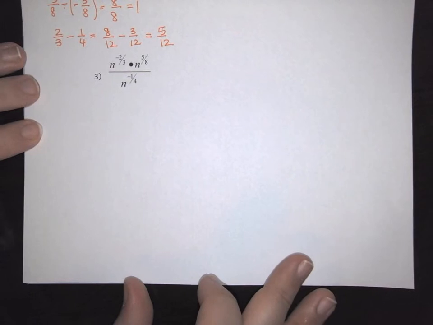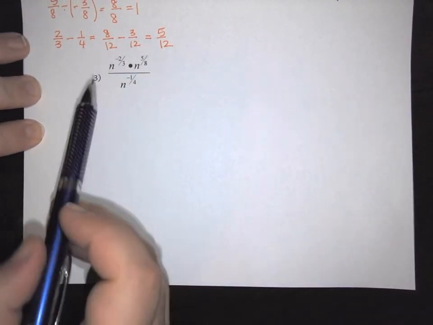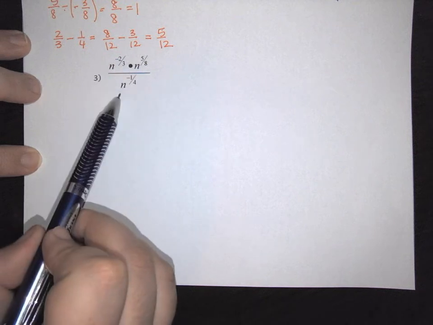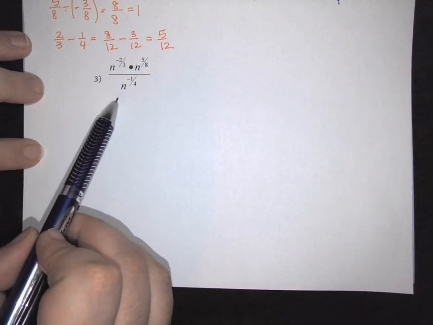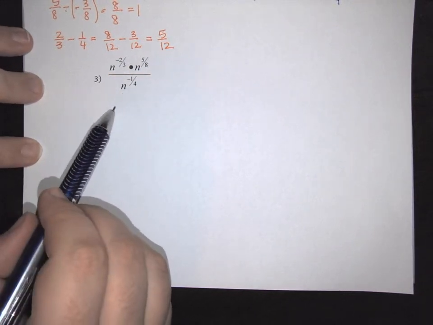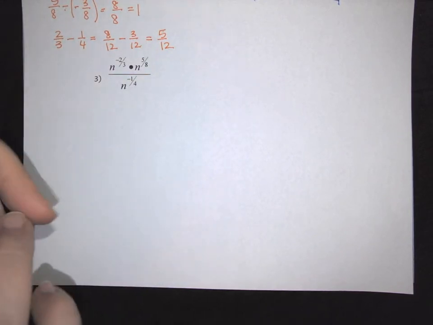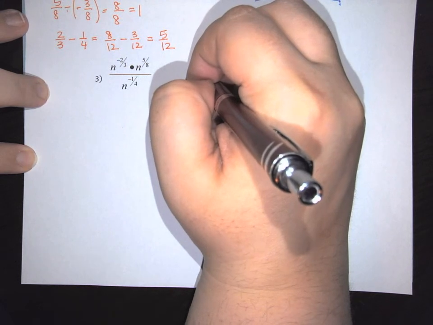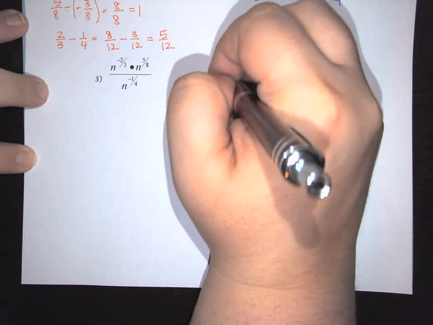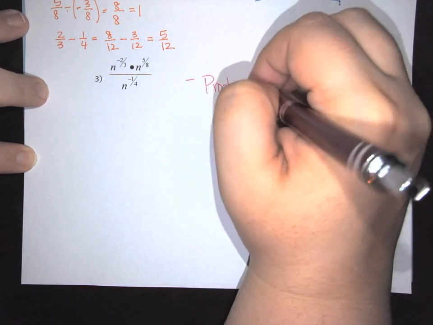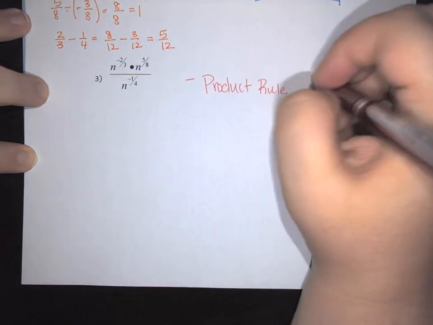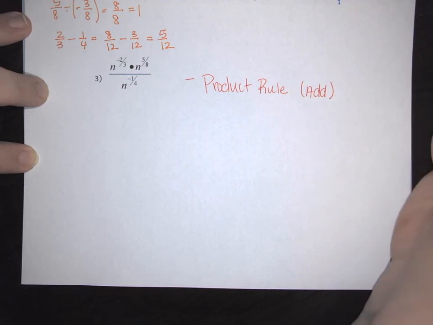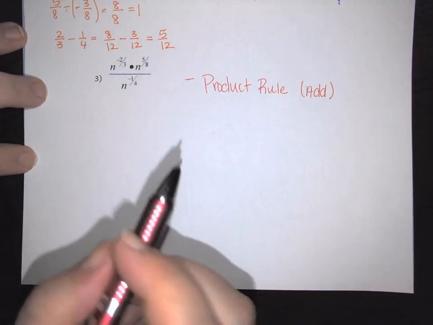Alright, let's look at this last one here. One of the things to notice about this last one is that all of them share the same variable. So what it means is that we have a rule within a rule. The first thing that we want to do is use the product rule, which says I'm going to add my powers, and I'm looking specifically in the numerator.